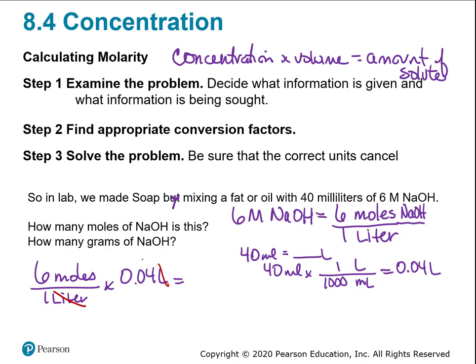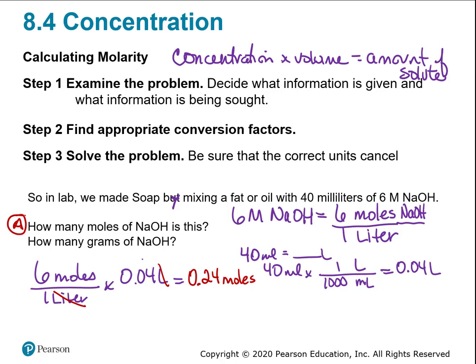Take 6 times 0.04, which is equal to 0.24. So that is the number of moles. So the first question you may be asked is, how many moles is that? You take the concentration times the volume. Just make sure that your volumes are in the same unit so that they'll cancel.